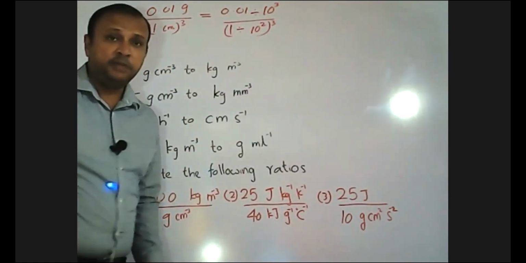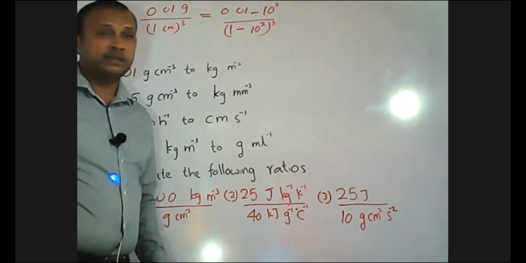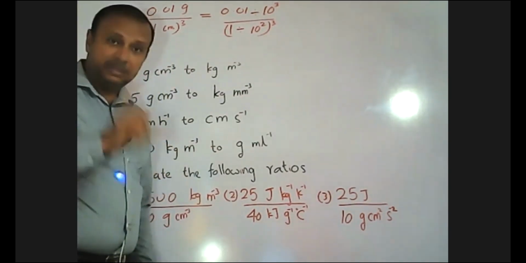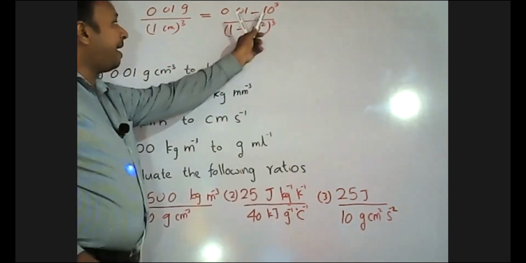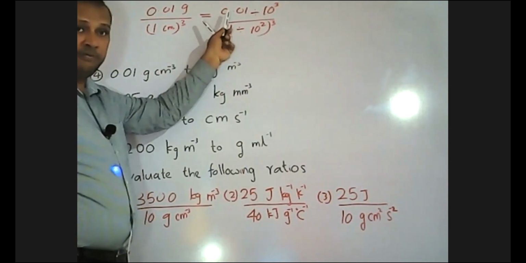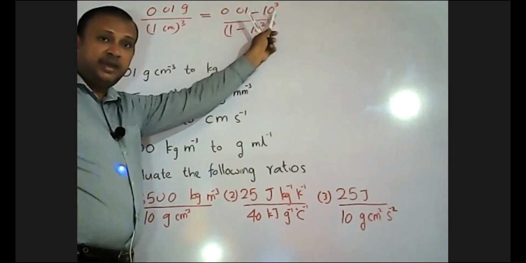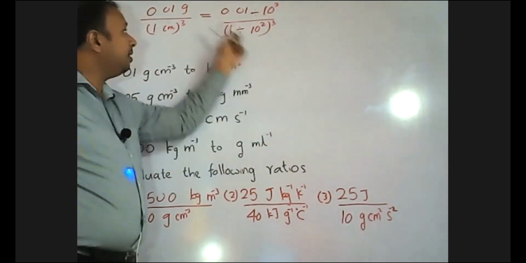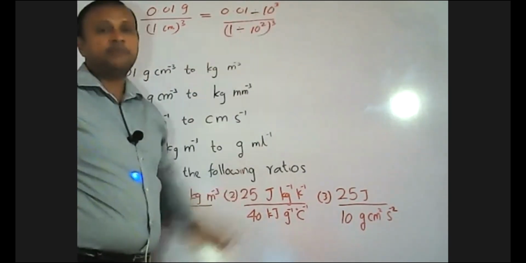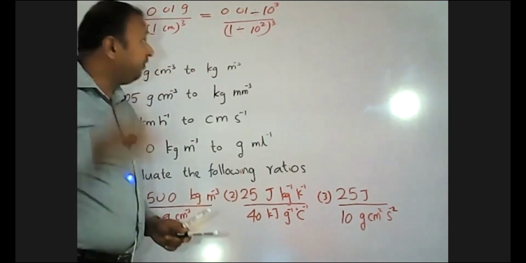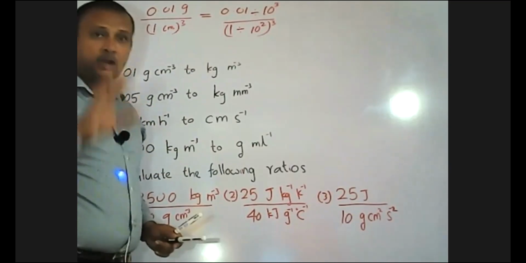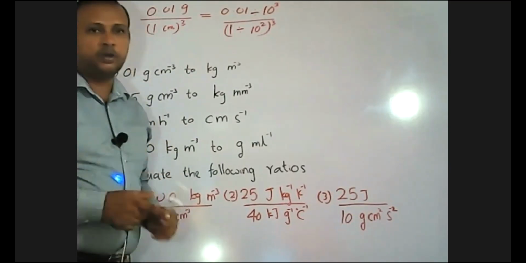Division means multiplication with the reciprocal. That means division means multiplication with the minus power. If you want to divide some number by 10 to the power 3, then it is equal to multiplication of that number with 10 to the power minus 3, because division is equal to the multiplication with the reciprocal.